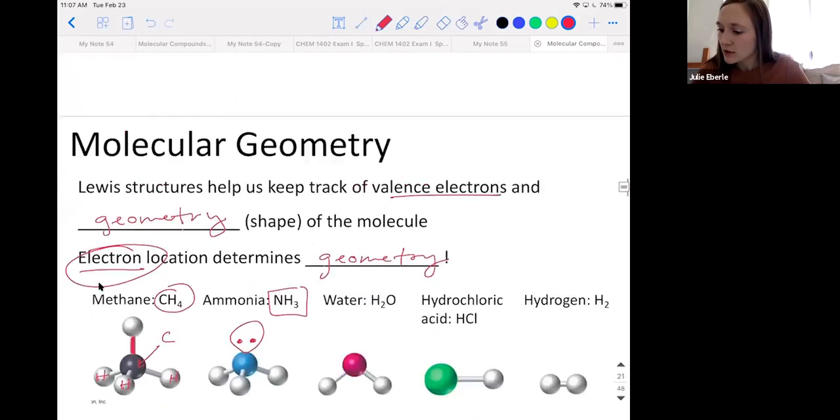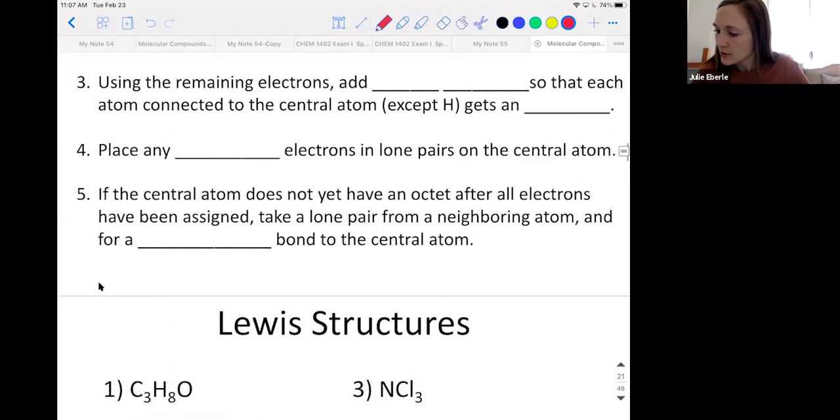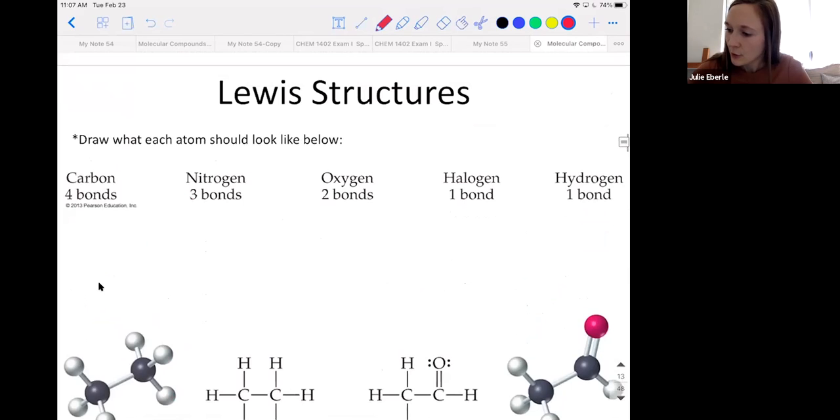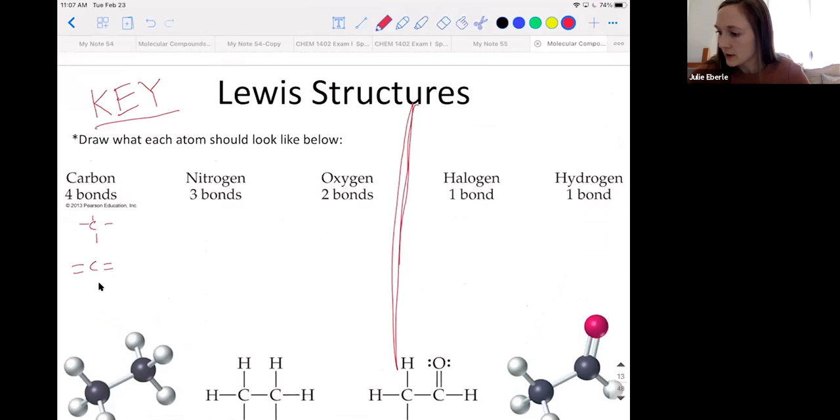Do you guys remember? I'm going to scroll up for just a second. Do you remember the slide up here? When I walked through it in the lecture, I said this is a key. I want you to think of this as a key, and I want you to use this slide. And we drew out all different kinds of pictures. We said carbon can look this way, carbon can look 2 double, and I did this whole slide. And then I drew a big fat line right here. And I said anything to the left of this line can be central atoms.